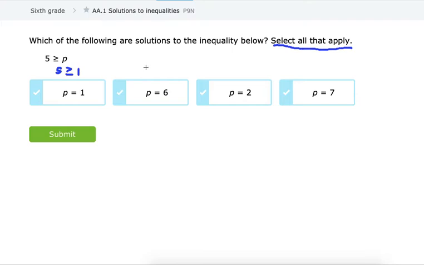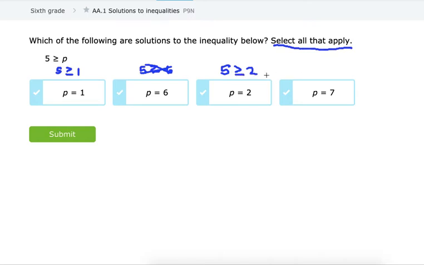Is 5 greater than or equal to 6? Is that a true statement? That one's not a true statement, is it? Because 5 is not greater than or equal to 6, so that one's not true. How about this one? Is 5 greater than or equal to 2? That one is a true statement, isn't it?